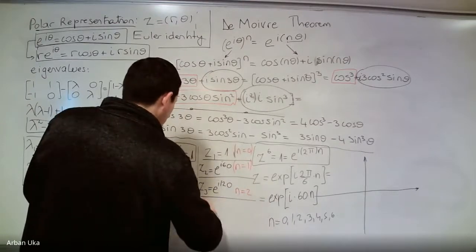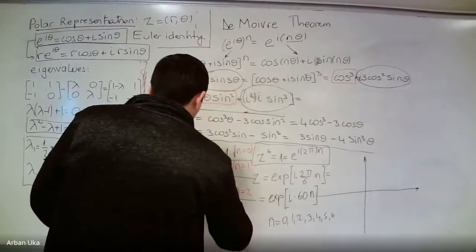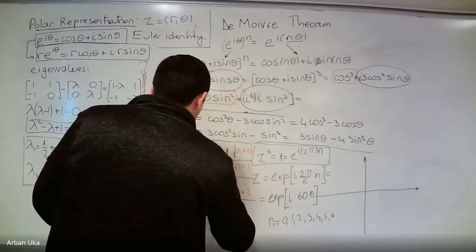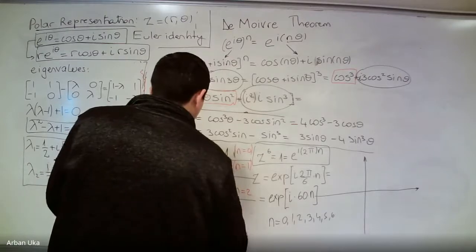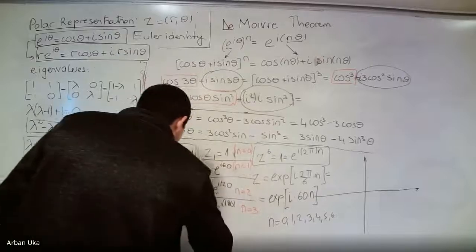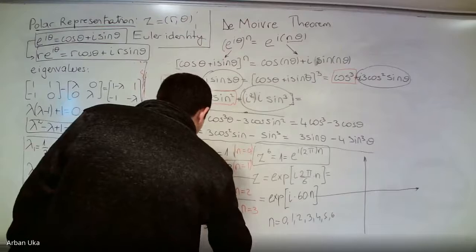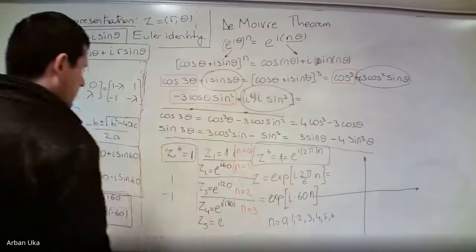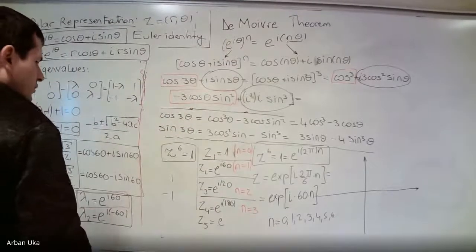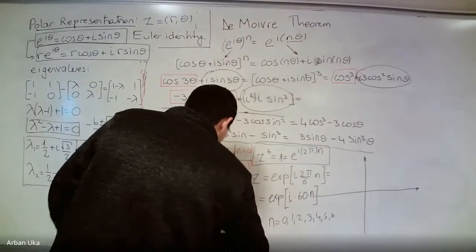Okay. z4, this is equal to e to the power i 180. So this is n equal to 3. z5, this is equal to e to the power i 240.